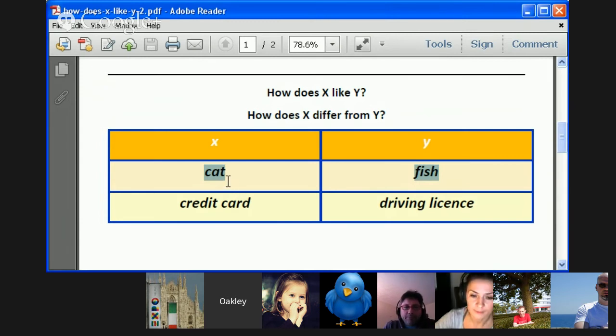Julio, here you go. Cat and a fish. That could be fun. How are a cat and a fish the same or different, or same and alike and different? Even better. Okay. I think that cat and fish are alike because both are animals.